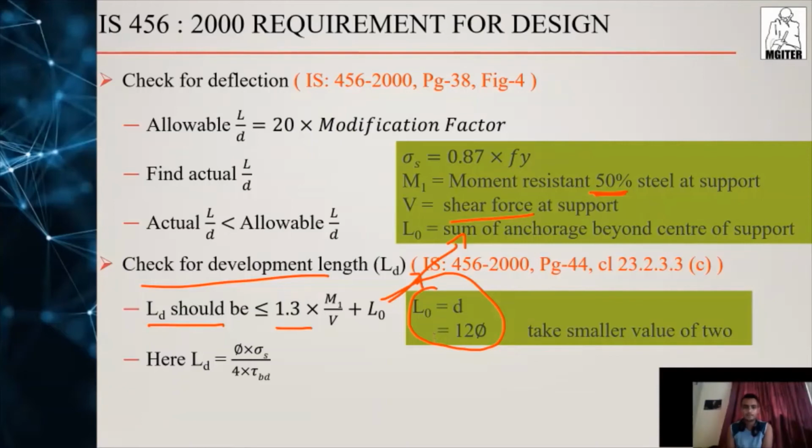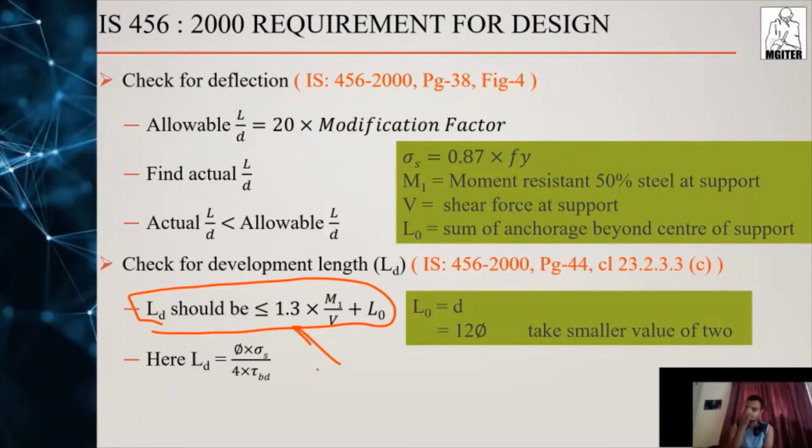Okay. Providing this value, Ld, we find φσs/(4τbd). Sigma s we find from 0.87 fy. Phi is the diameter of the reinforcement bar and tau bd is the bond stress. Understood? With all these values provided, we have to satisfy this equation; this is the procedure we have to follow.